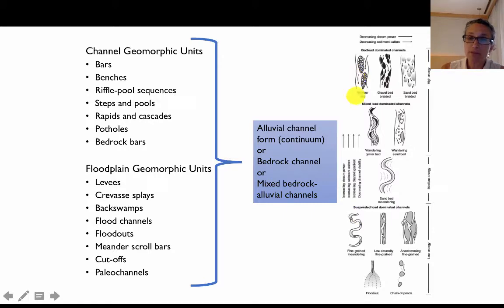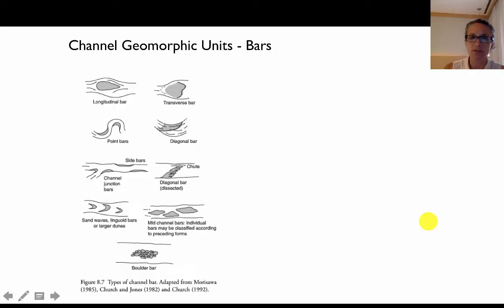Bottom to top, increasing stream power, increasing grain size, increasing size of channel, and decreasing stability. So when we're up here at the top, we're talking less stable, and down at the bottom, we have more stable. And we'll revisit this diagram after we go through the different geomorphic units.